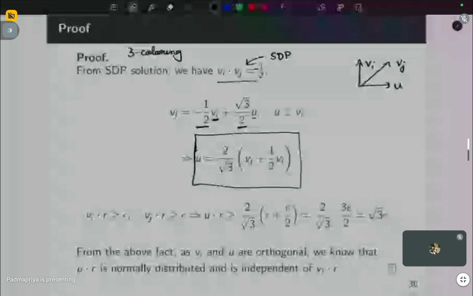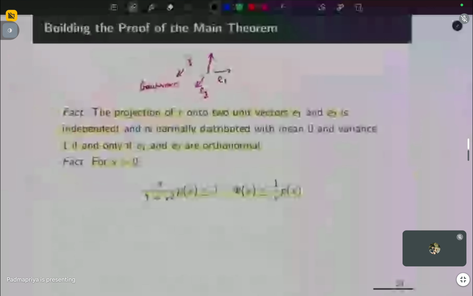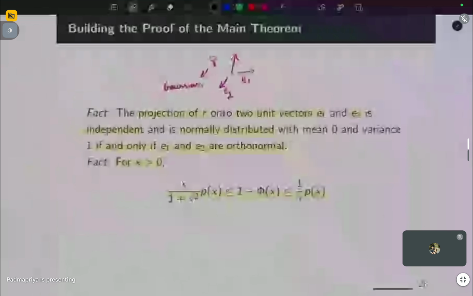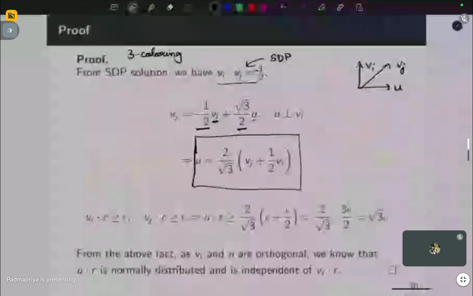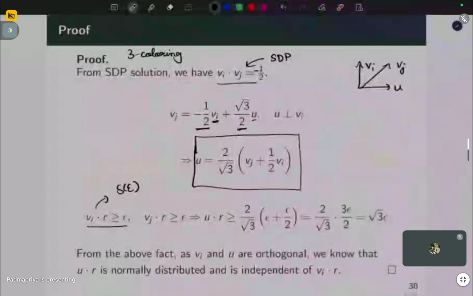Why did we do this? Because recall we have this fact. We want two unit vectors which are orthogonal, to talk about some independence. So given this, what can we say? Vi dot r is greater than epsilon. Such vectors only are captured in our S epsilon set.